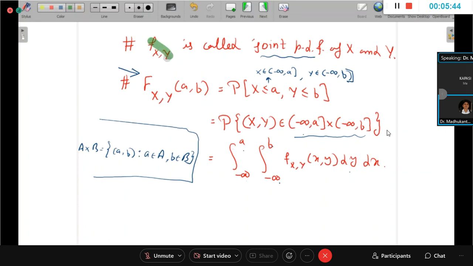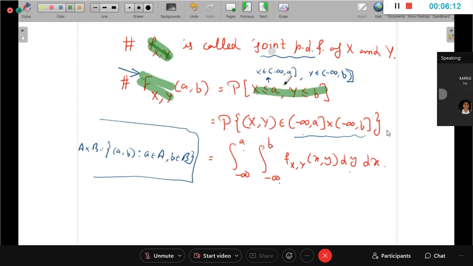This f(x,y) is called the joint PDF of X and Y. Whenever you talk about the PDF or PMF of random variables X and Y, you certainly look at their cumulative distribution function. The definition is X less than or equal to a and Y less than or equal to b.